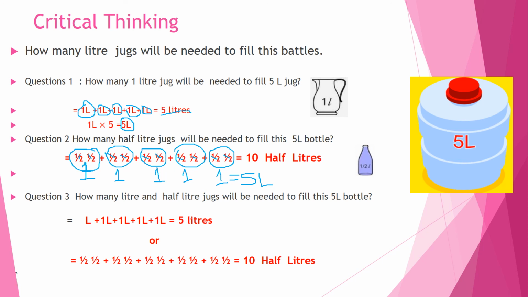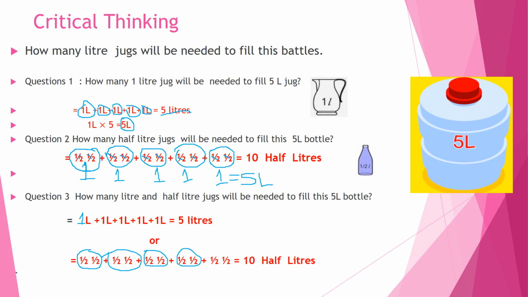And the last question, number 3, says, how many 1-liter and half-liter jugs will be needed to fill this same 5-liter jug of water? So we can either add 1 liter 5 times, which will give us 5 liters, or we add half liters 10 times to give us the same 5 liters.